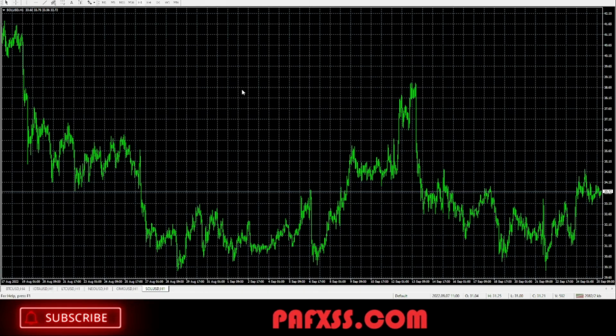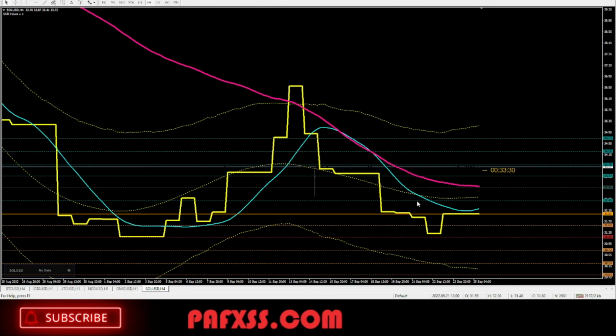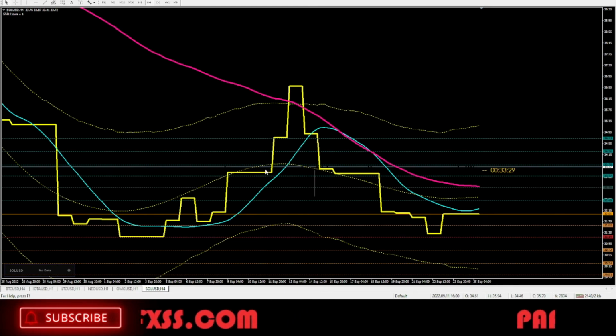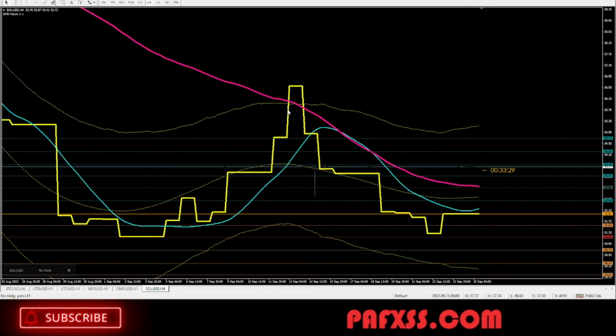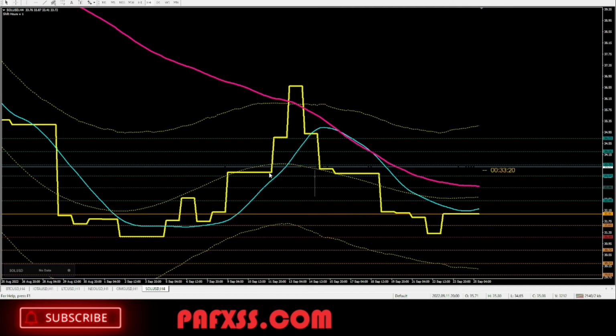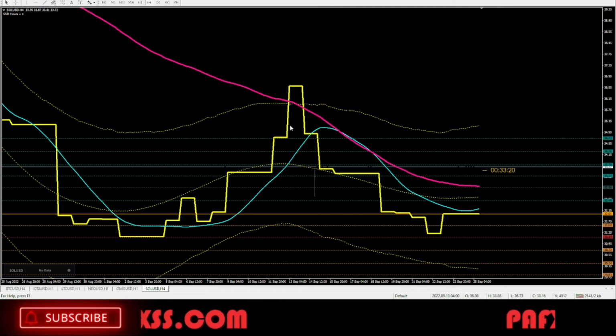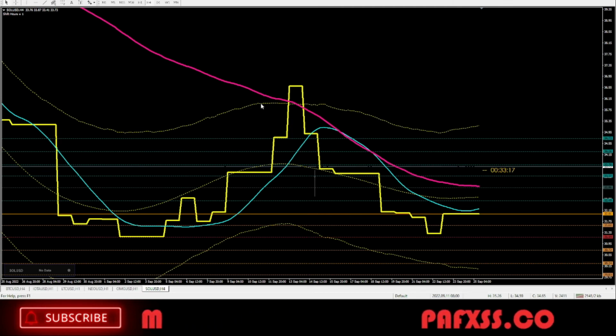All right, so as you can see over here, look at this one. This is the setup that we're looking for. This one is the setup for a sell order. Look, the trend line is crossing over the upper channel.